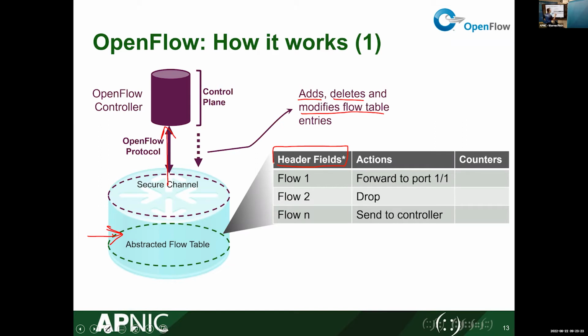It then determines if there's a match, what action needs to be done with that packet. And it then sends a message back to the hardware device as a flow entry. So it'll have flow 1, and whatever the match was, it will say forward to port 11. Flow 2, drop it. Everything else, depending on what's happening, it might be just as simple as send it to the controller, and then the controller makes a decision on that.